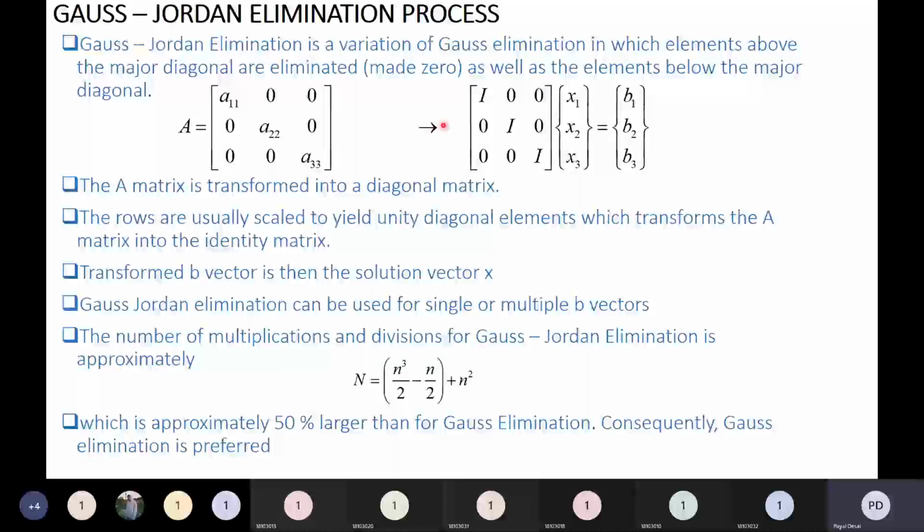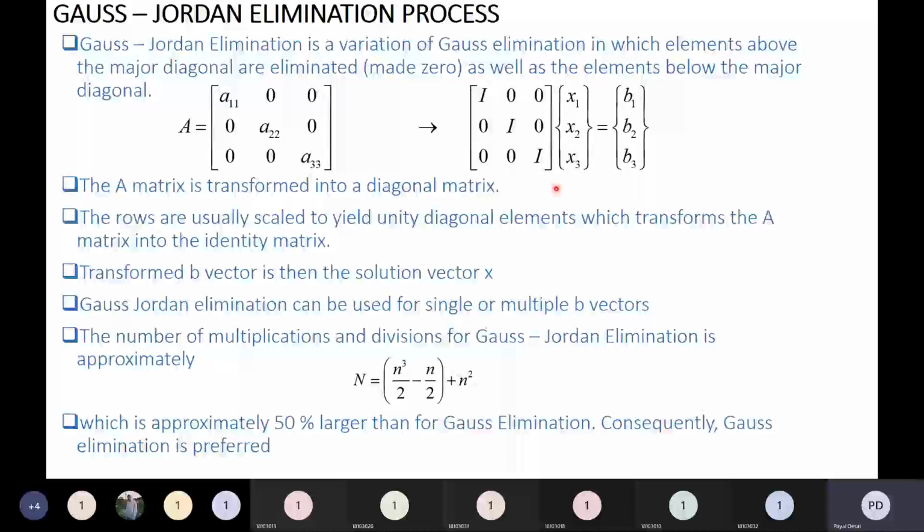Okay, and in the process you are making the identity matrix, and finally if you convert the A matrix into the identity matrix, whatever coefficients are on the right hand side, what you are getting is your solution vector.